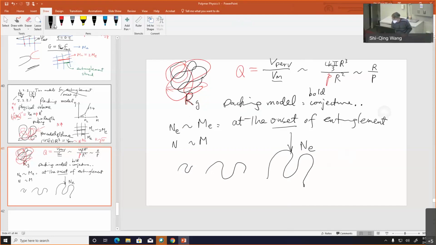So let me go back one step. Look at this expression here. This expression says how many chains in that volume is proportional to R, therefore proportional to N square root. So as the chain length changes by a factor of 4, the number of chains will double. Chain length changes by a factor of 9, the number of chains in the volume will triple, right?